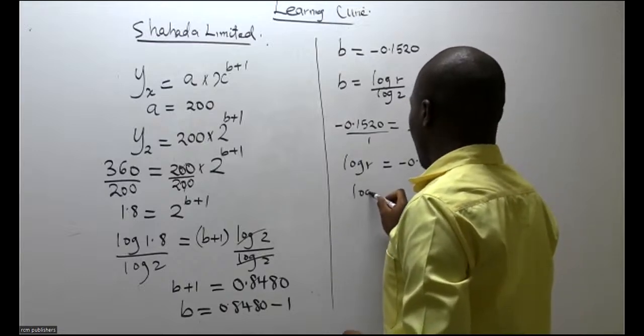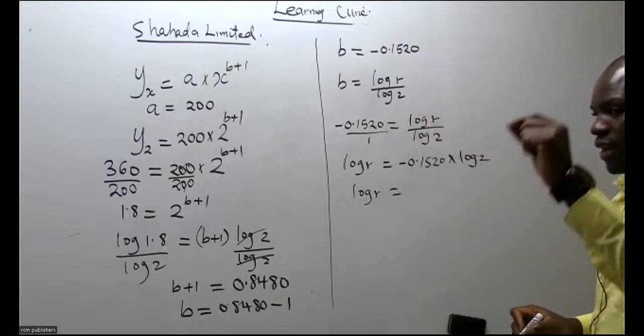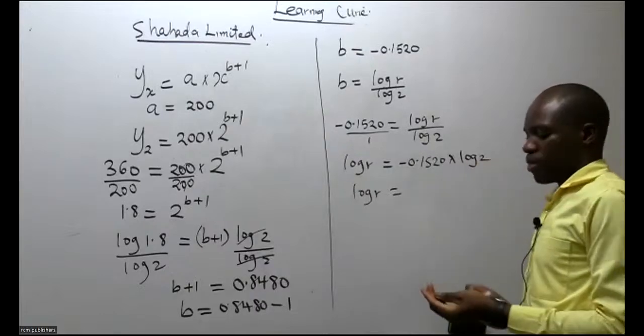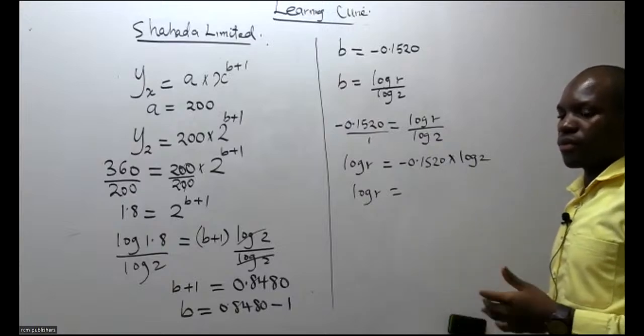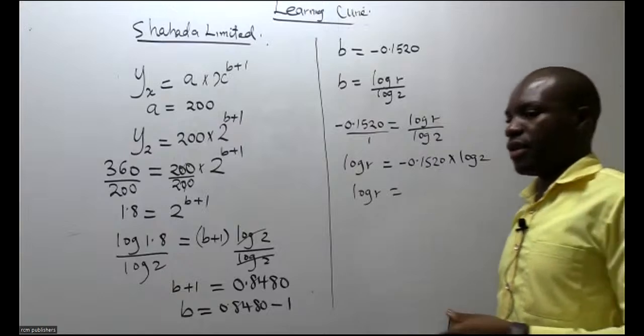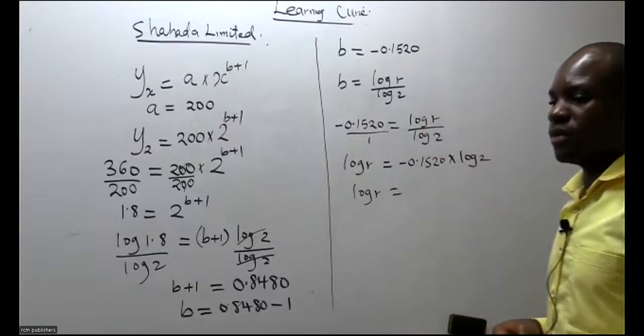So our log R will be the answer which you have there times log 2. To at least 4 decimal places will be okay. What will we have?